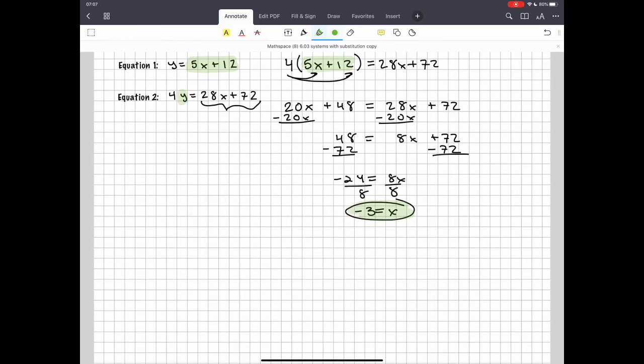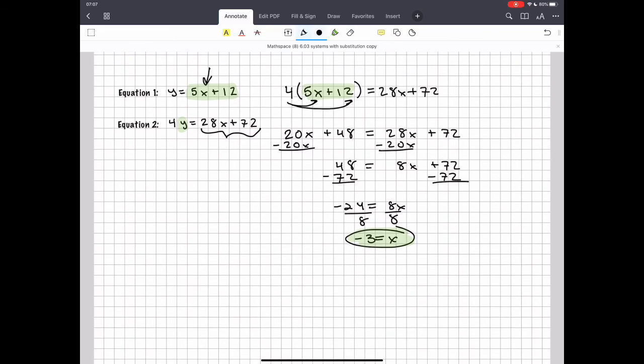In this particular problem, equation 1 seems the easier one to now use to find out what y is. So I'm going to replace this x with -3. I'm replacing the x in equation 1 with -3. y equals 5 times -3 plus 12.